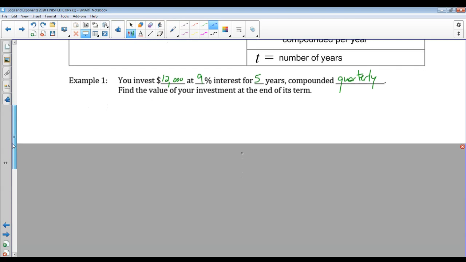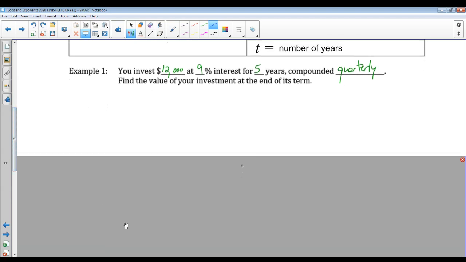So let's say, just a very straightforward example, we have $12,000 at 9% interest that we are investing for 5 years, compounded quarterly. How much will we have at the end of this investment? So we go to our formula. We want to figure out what A of T is. We have P times 1 plus our rate, 9%, cut up 4 times per year.